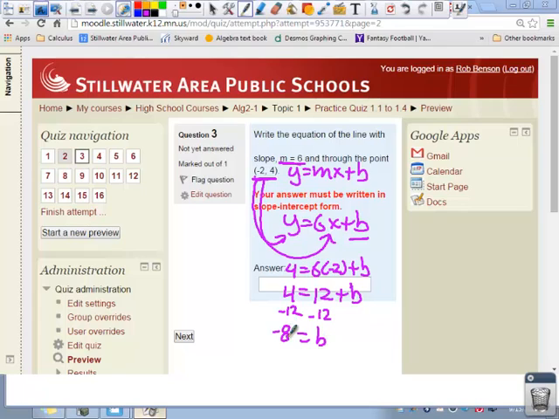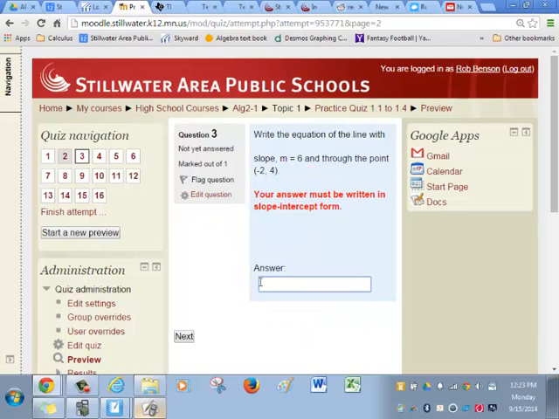Now that I have my b, I plug it back into the formula. So my final solution is y equals 6x plus 16. That's what I'll put in there, and moving on.